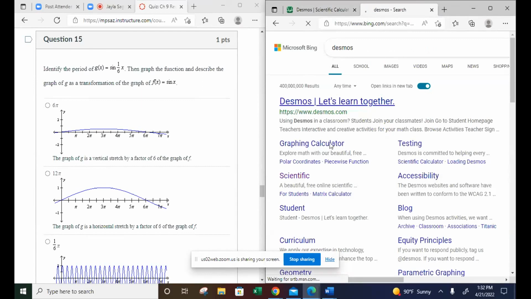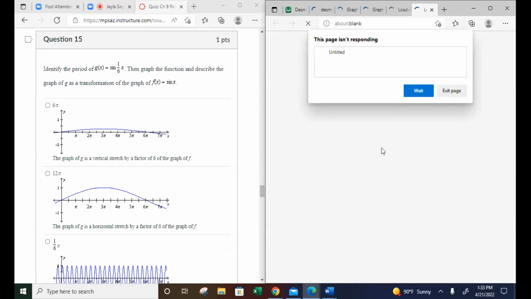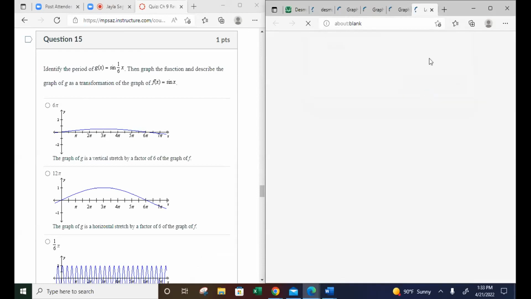This one, grab the graphing calculator. Yeah, there you go. You got it. Maybe exit the page. You got a lot going.